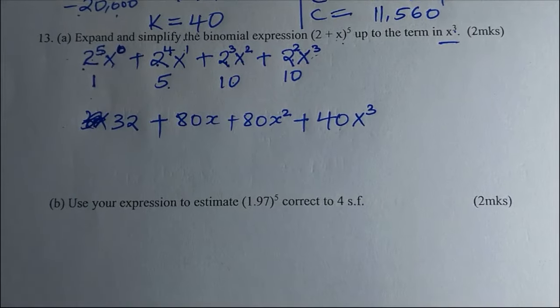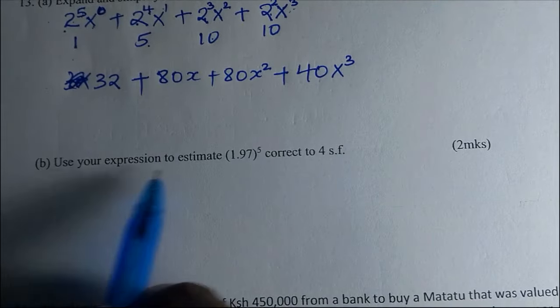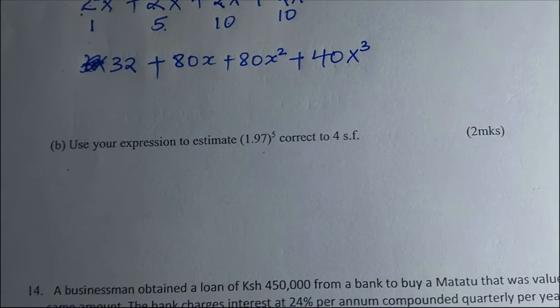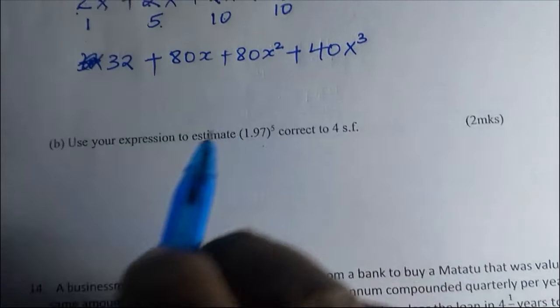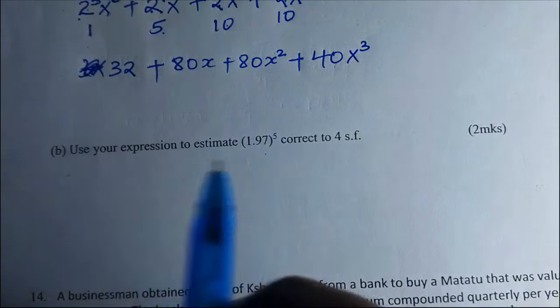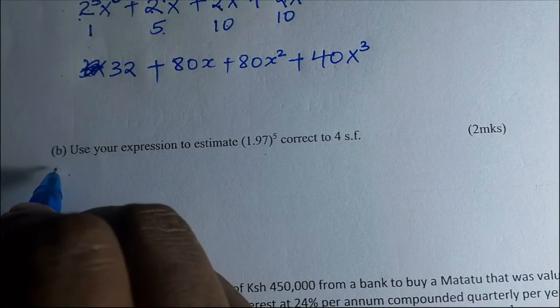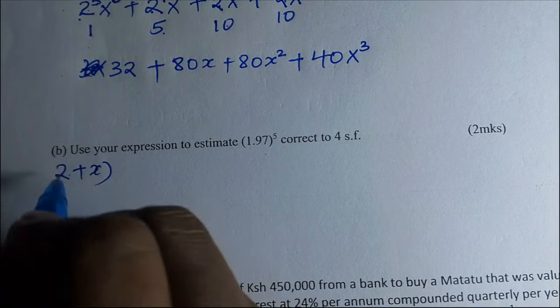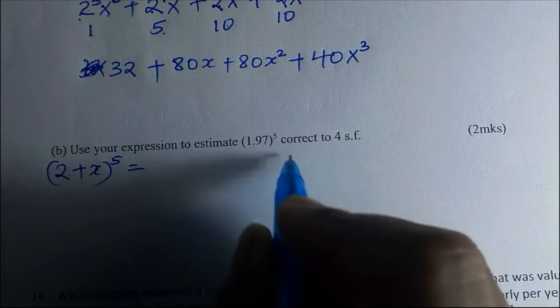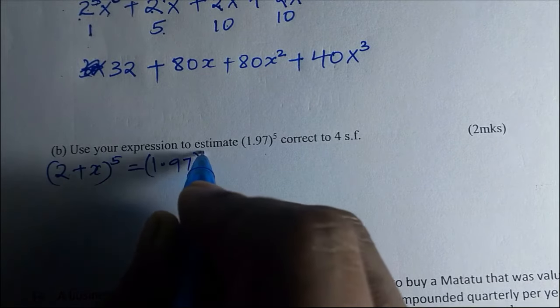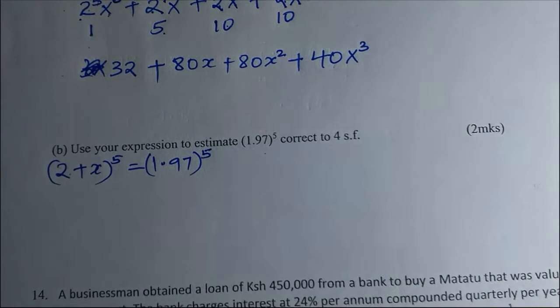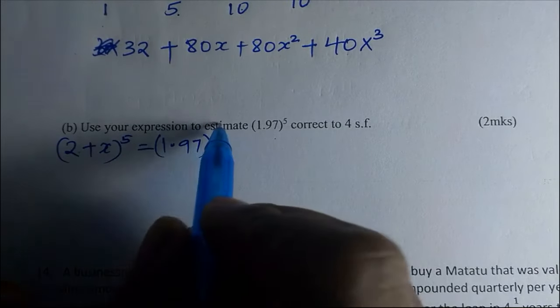Now use your expansion to estimate this. So first equate this with this. 2 plus x raised to power 5 is equal to 1.97 raised to power 5. Both are raised to power 5, cancel that, and put like terms together.